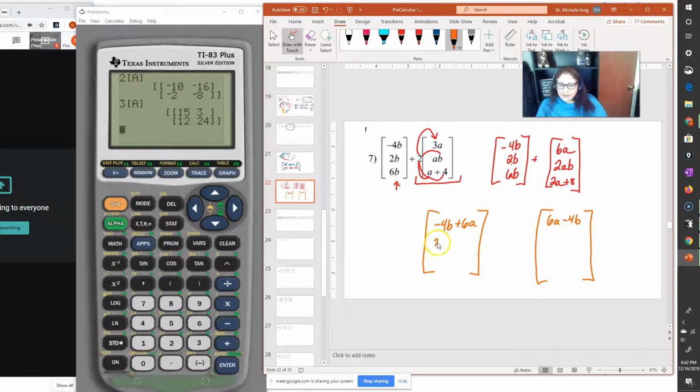Here we've got 2B plus 2AB, and again, they might expect you to switch it to put it in proper math order. And then here we've got 6B plus 2A plus 8, and again, we just switch it up to get our solution. It's that simple. Okay, that's scalars.